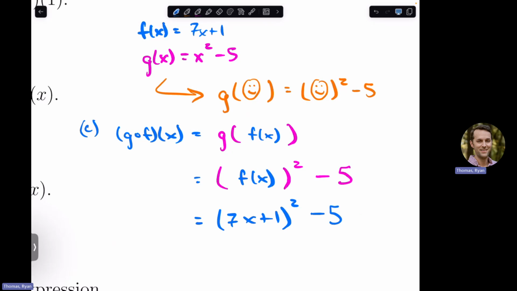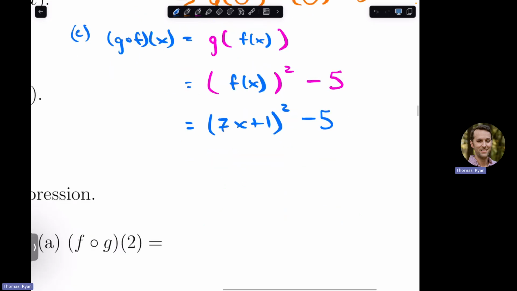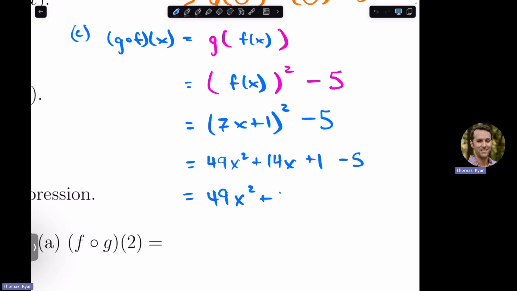We've done the composition, then what's left is some algebra staring at us, daring us to simplify it. What's 7x plus 1 squared? Can you expand this? 7x twice.